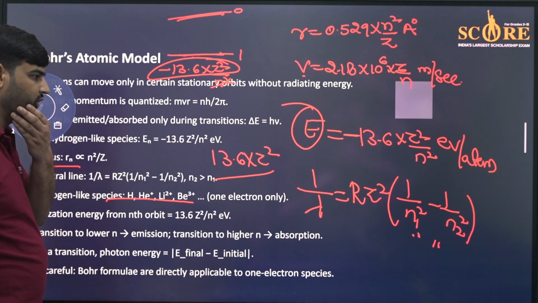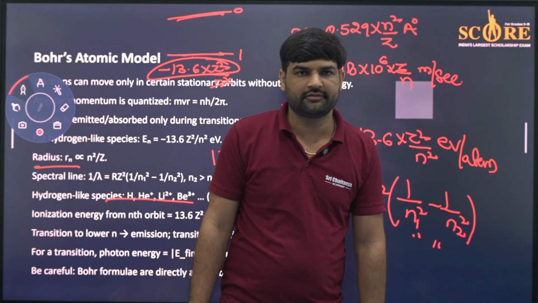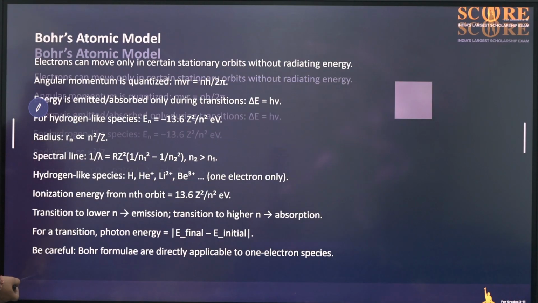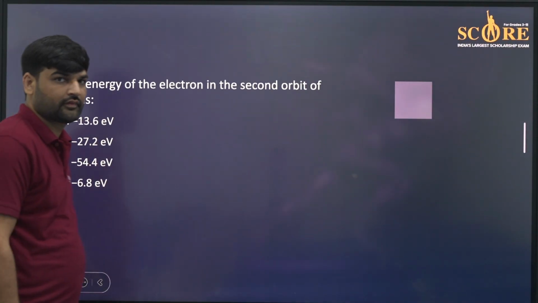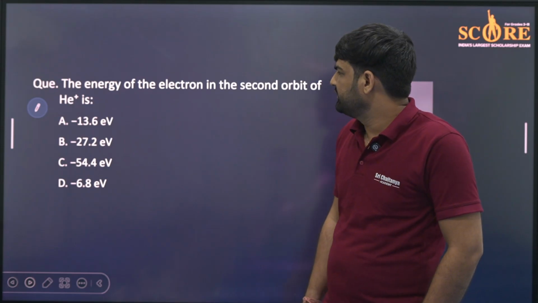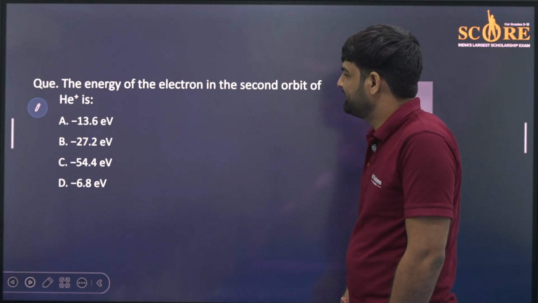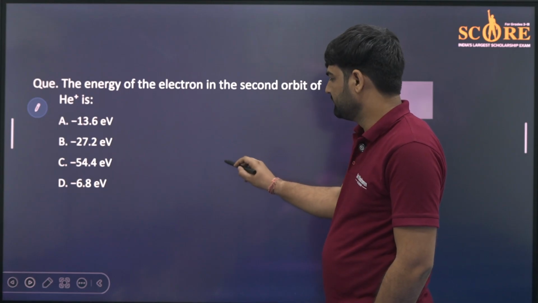Next, Bohr model is only applicable for single electronic species. So next question is, the energy of electron in second orbit of helium plus is. So we know the energy formula.